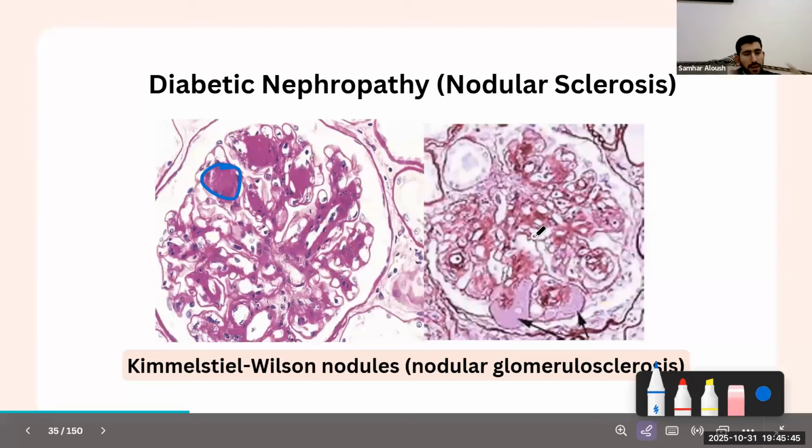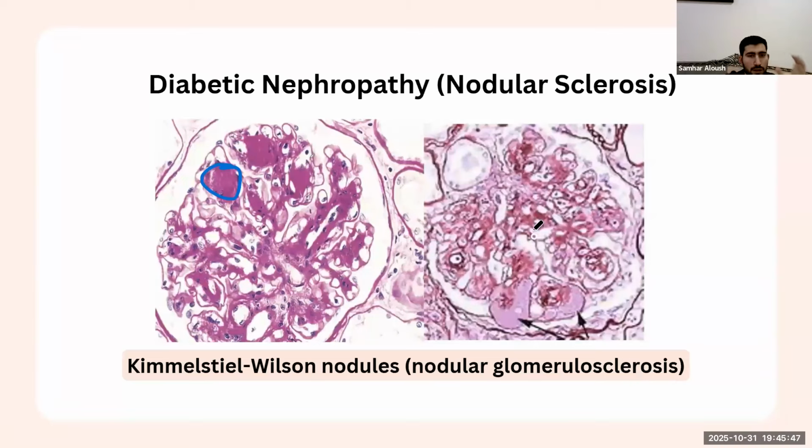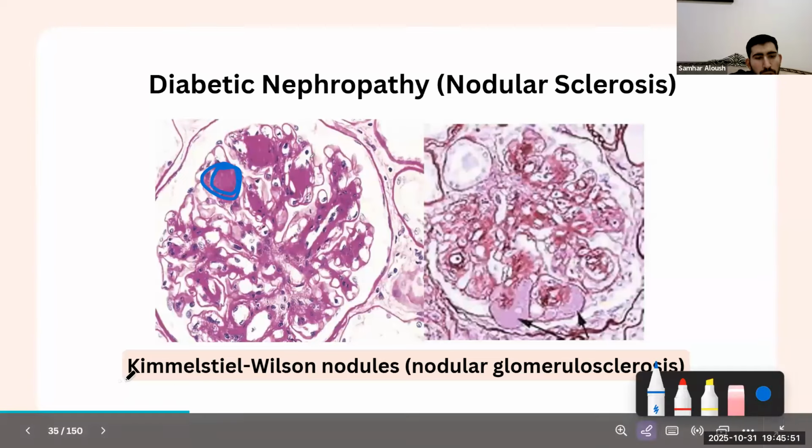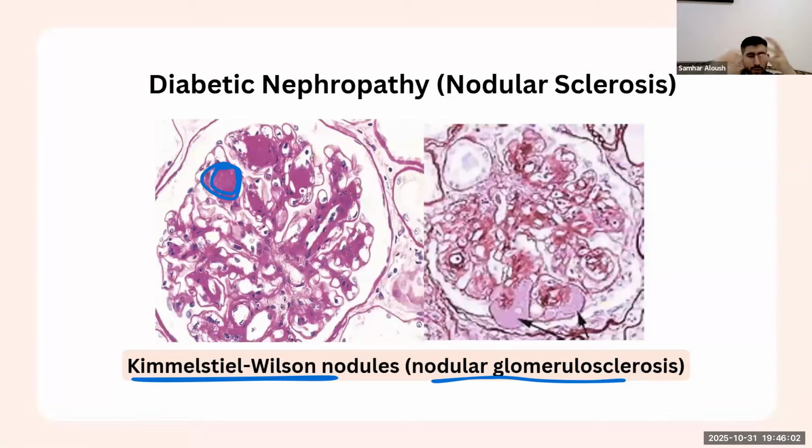If we leave that, the glucose will bind to other stuff and form a nodule. This nodule is called Kimmelstiel-Wilson nodule, or KW nodule for short, which is nodular glomerulosclerosis: glucose and then fibrosis of this nodule, a bit messy, but it doesn't matter. What matters is that first there is thickening and then if we leave that we will have nodules.